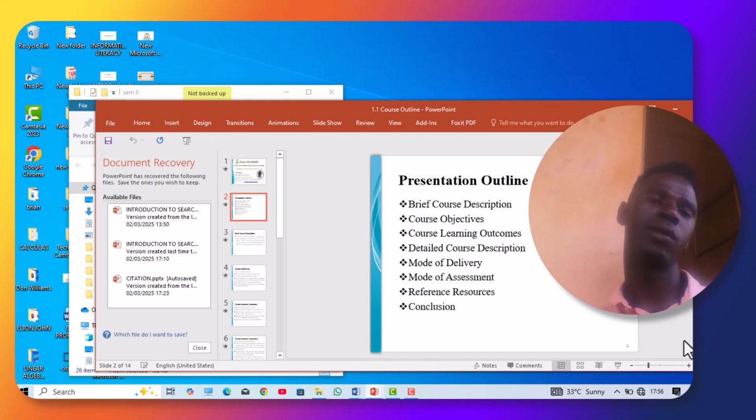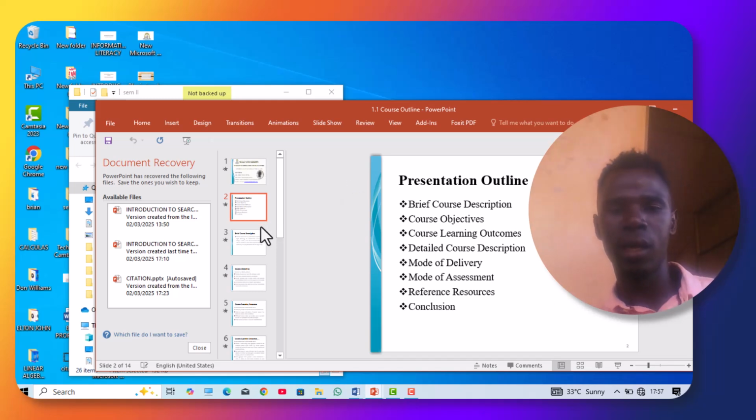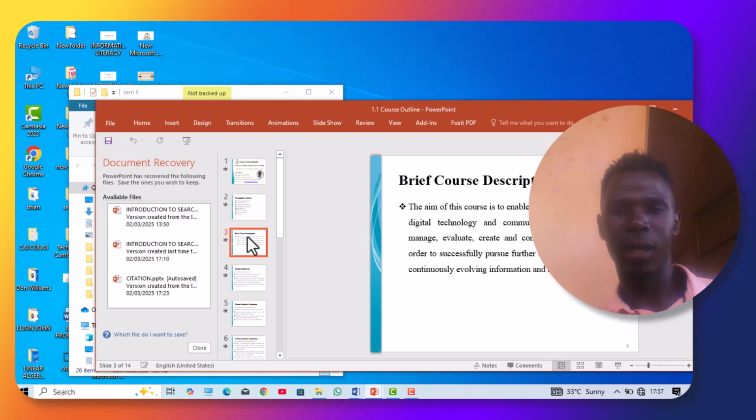When we learn all this, we are going to get that information literacy is paramount. It is needed in various sectors. It is paramount in various aspects. So I'm coming to the next slide, that is the brief course description.